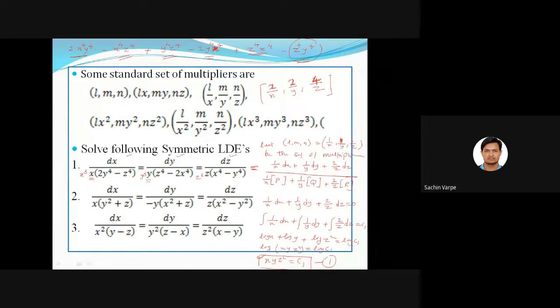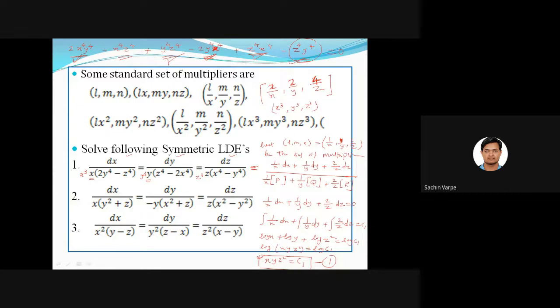So that will get cancelled with this. Then x raised to 4, z raised to 4 is getting cancelled with this, and y raised to 4. Yes, now it is okay. So everything is getting cancelled, and the sum will be 0. So yes, it works. So what is the second set of multiplier? x cube, y cube, z cube.